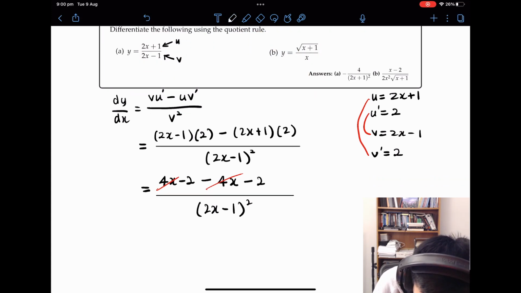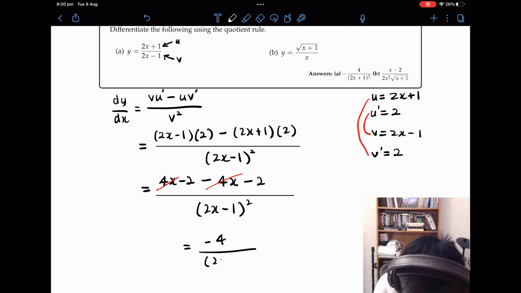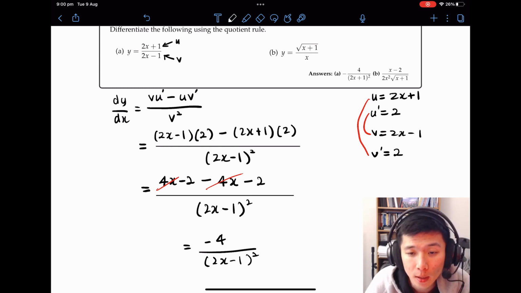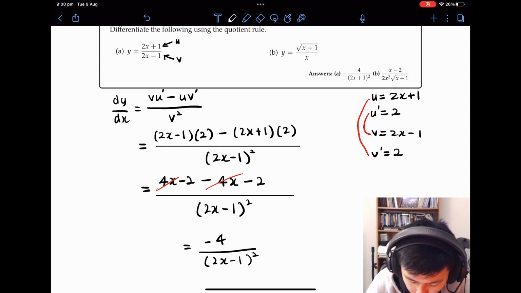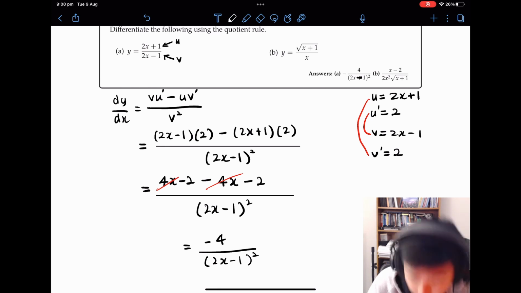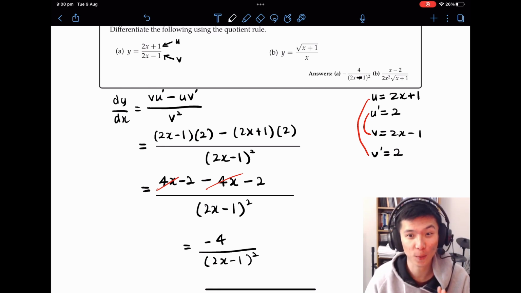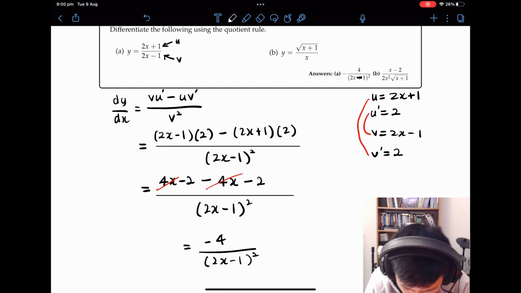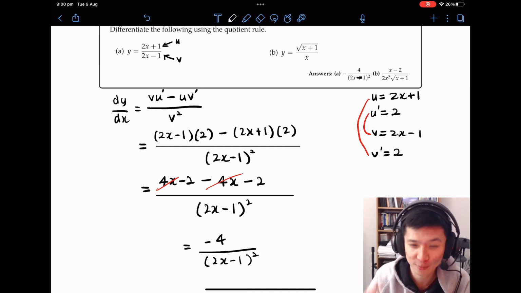And the minus 2's combine to give us minus 4 divided by (2x minus 1) squared. Which is the answer? Oh, the answer must be incorrect. Sorry, I must have made a mistake. So, looks like our answer is incorrect, because I'm certain that my working is correct, actually. So our answer must be wrong. I must have made a typo, so please do correct that in your booklets.